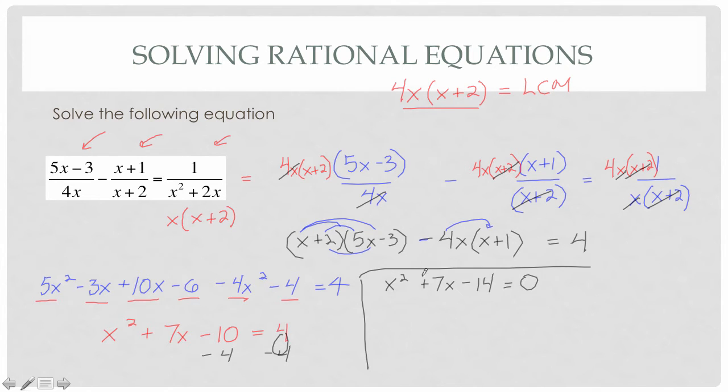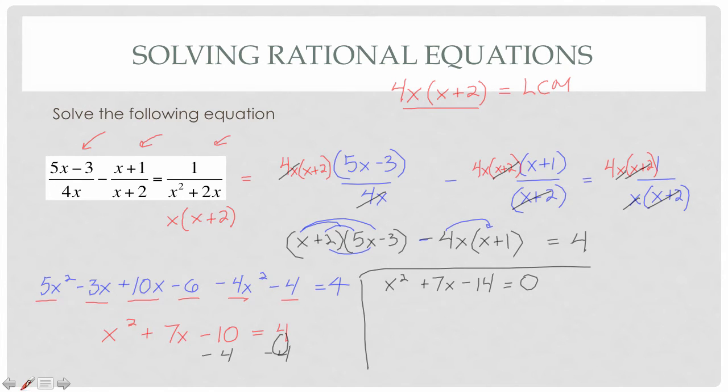First thing I want to do, if I'm going to find my values for x, I want to see if I can factor this really easily. Are there two numbers that multiply to negative 14 but add to positive 7? Well, to get 14, there's only 7 times 2, or 1 times 14, and there's no way to get that.